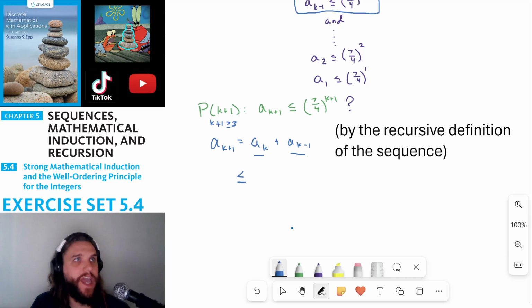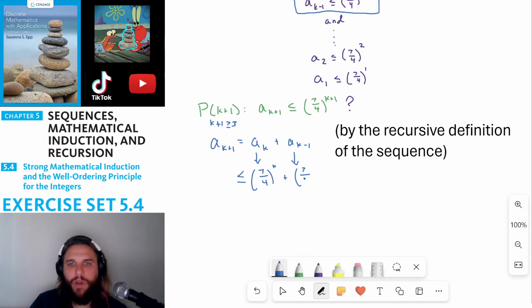I'm going to replace a sub k with something that I know is bigger than a sub k. According to the inductive hypothesis, a sub k is less than or equal to 7/4 to the kth power. And also by the inductive hypothesis, a sub k minus 1 is less than or equal to 7/4 raised to the k minus 1th power.